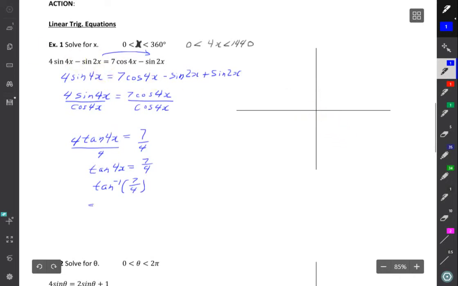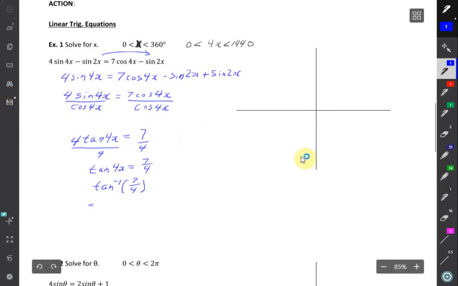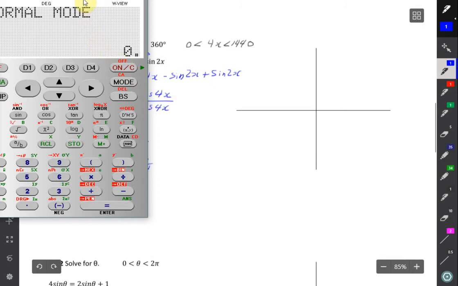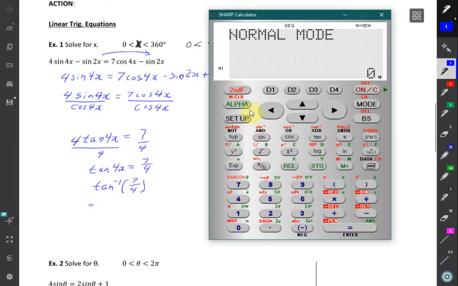Calculating that out, second function tan 7 divided by 4.